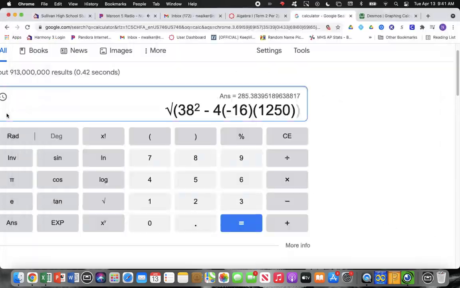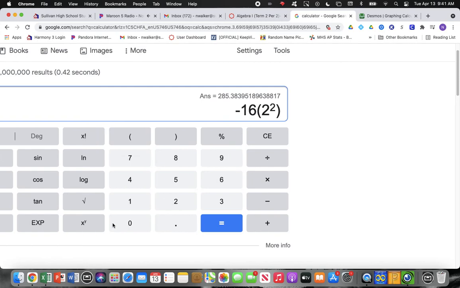You can type it in like this, negative 16 times 2, then you have to make an exponent, and then plus... you just have to keep typing on this calculator. All right, I got 67.